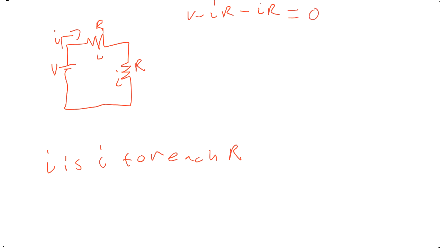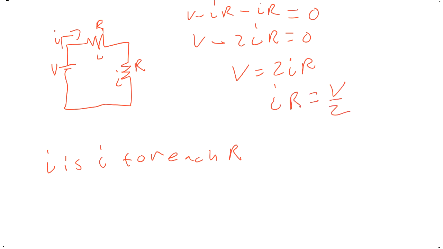So if we want the voltage across each one, V minus 2IR equals 0, V equals 2IR. And if we just solve for IR, that's the math. However, I expect you all to see that argument from the loop law.